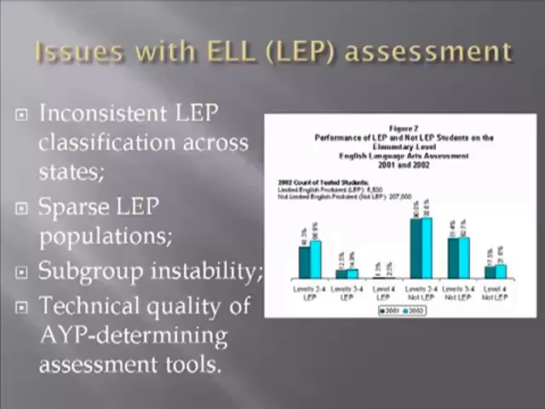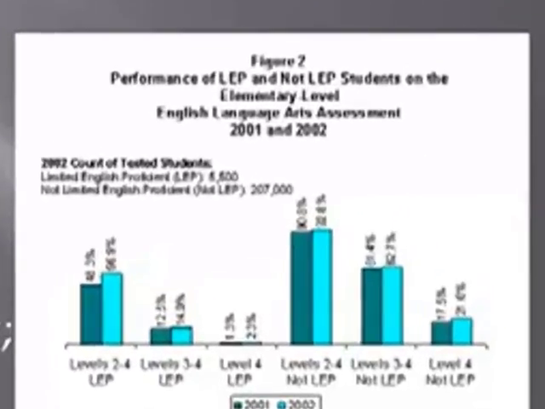It shows the difference between limited English proficient and non-limited English proficient students on the 2001 and 2002 ELA exams in New York State. You can see that the limited English proficient students have a ways to go to reach level 3 and 4.